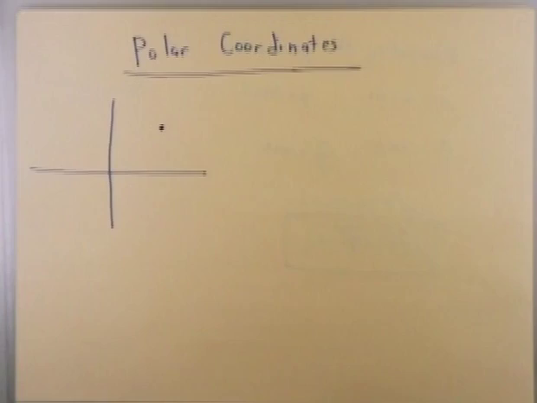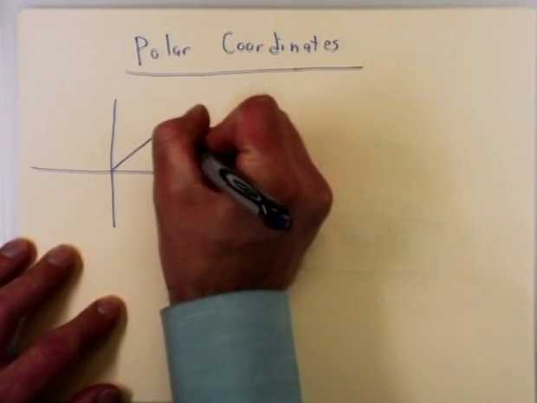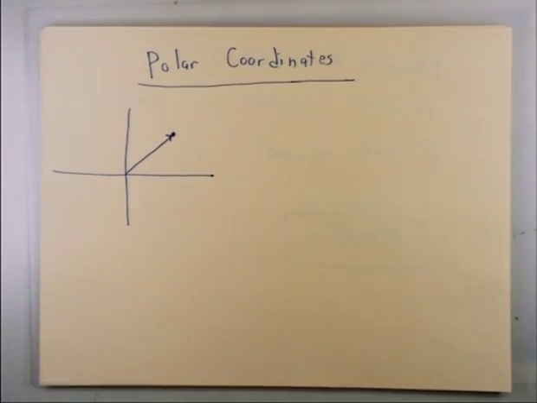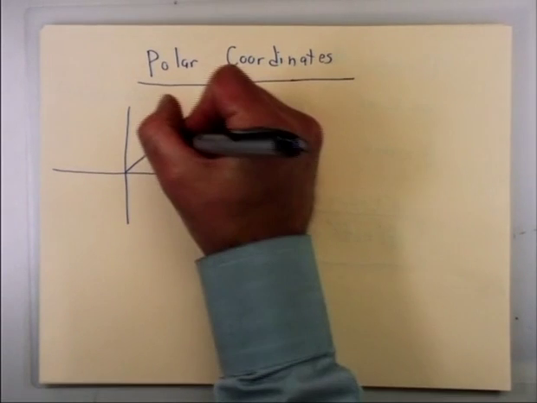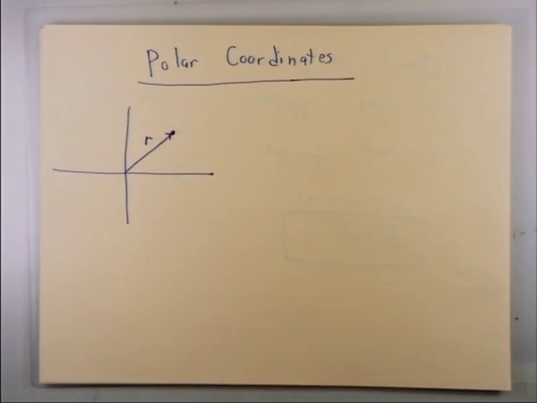How do we specify a point, and what might we do? Well, if I want to tell you where a point is on the plane, maybe the first thing I could tell you is how far it is from the origin. Instead of telling you how far it is from the x-axis and the y-axis, just how far is this from the origin? In this case, let's call this r. R is the thing that's usually used. So if I tell you that a point is a distance 3 from the origin, is that enough to specify the point?